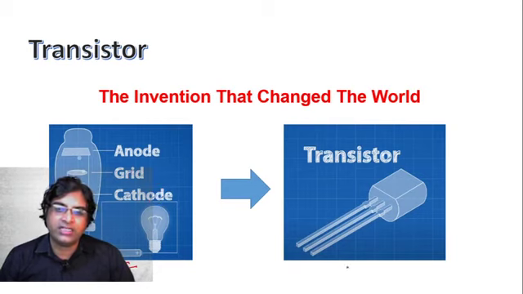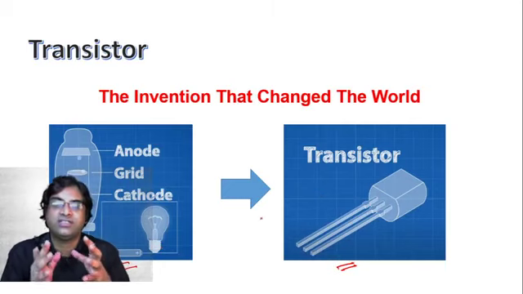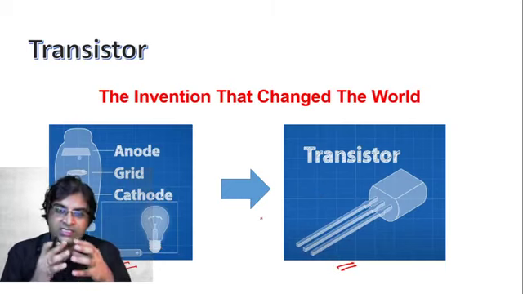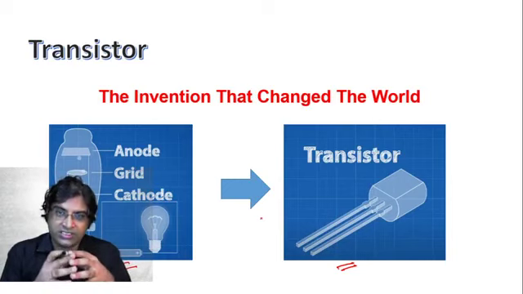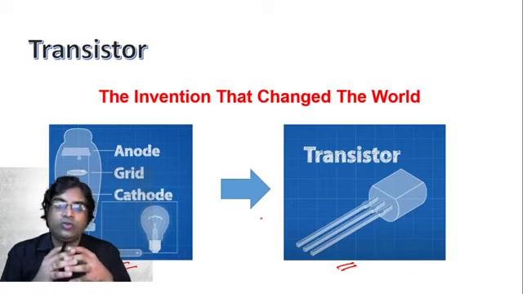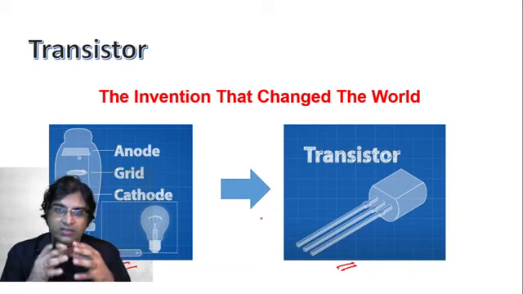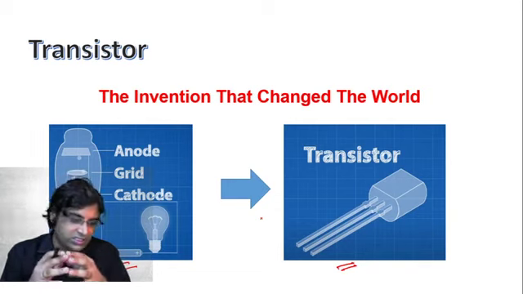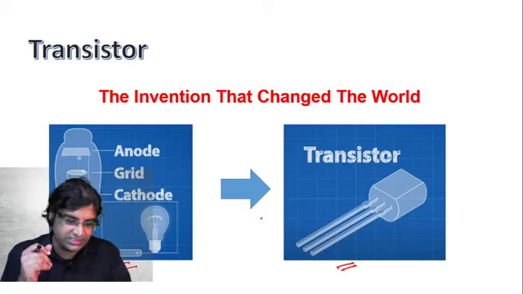And from there another new concept was introduced, that is the transistor, the transfer resistor concept. Why it is called transfer resistor and all those things, I will come to that matter. Before that we study these things and learn about them, then we can understand why it is called transfer resistor.